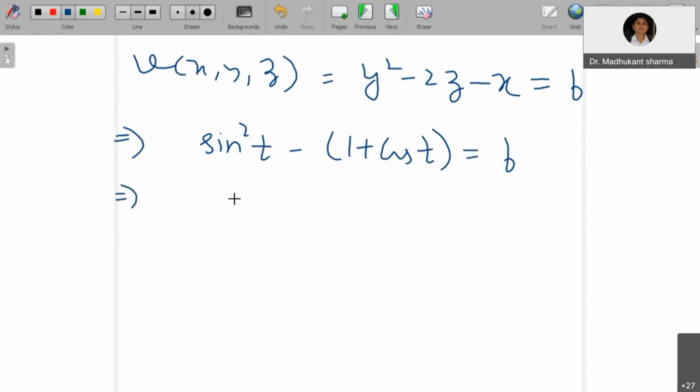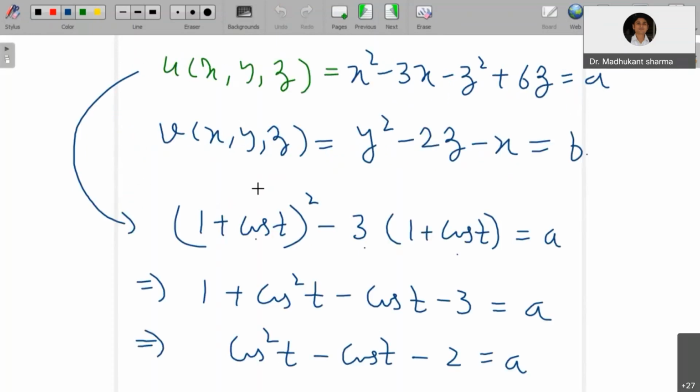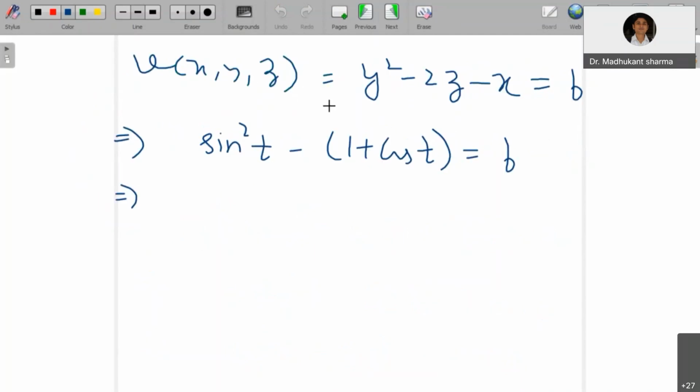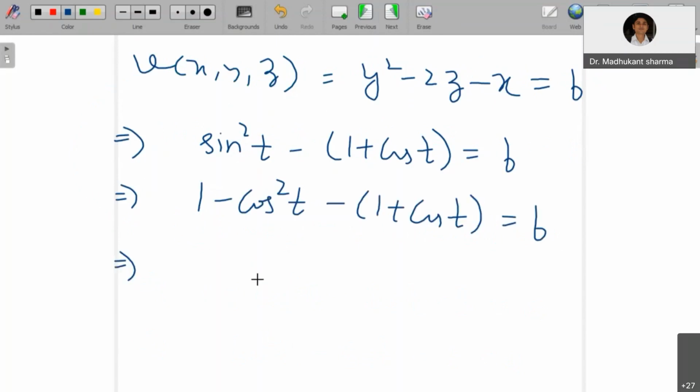Now, because you are supposed to identify the relation between a and b, you can replace sin square t by 1 minus cos square t. So 1 minus cos square t minus 1 plus cos t is equal to b. One will get cancelled, and what you will get is minus cos square t minus cos t equals b.